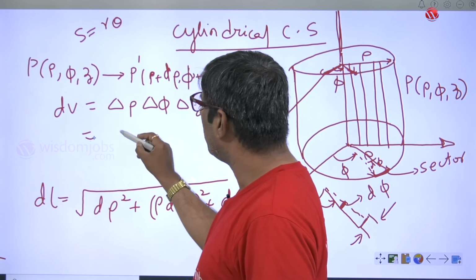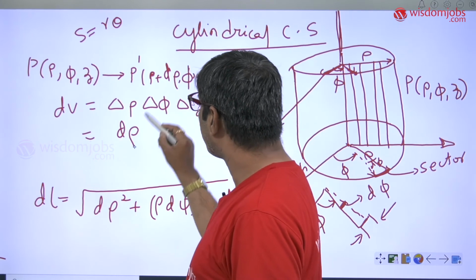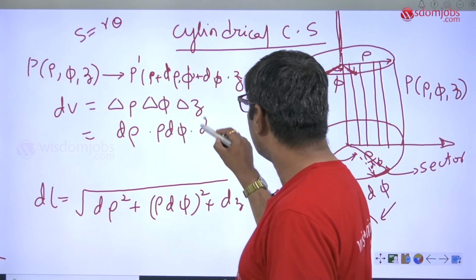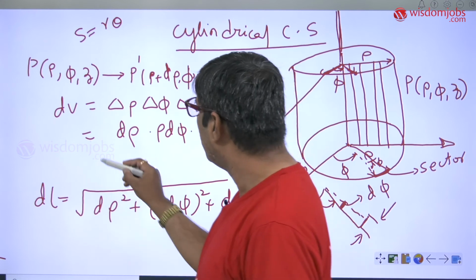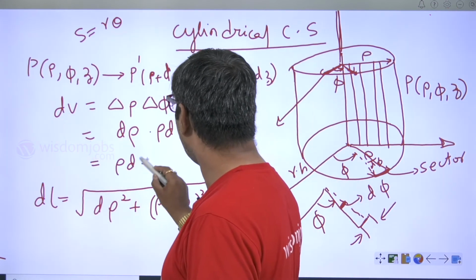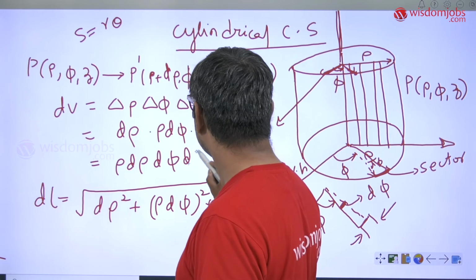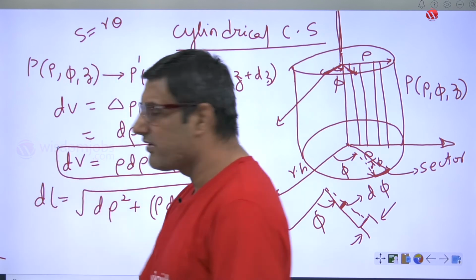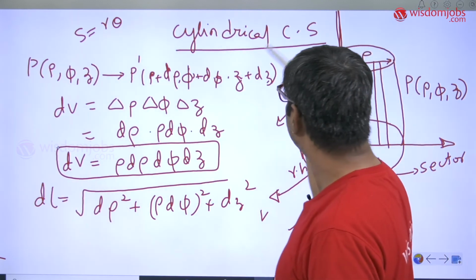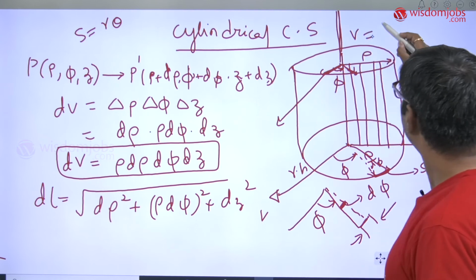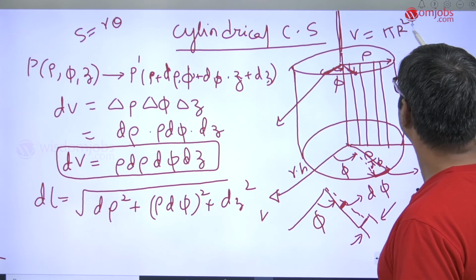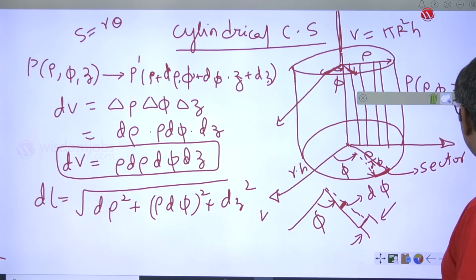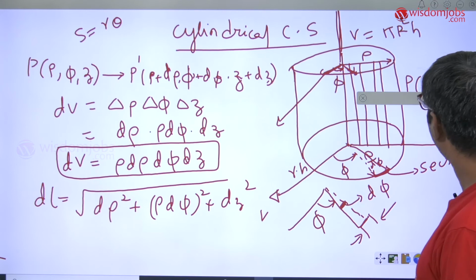Collectively, the expression is rho d rho d phi dz. So this is dv. Now the beauty of this equation is, from this equation only we have derived the volume of the cylinder as V equals pi r square h. So this is how I got the volume of the cylinder formula, pi r square h.